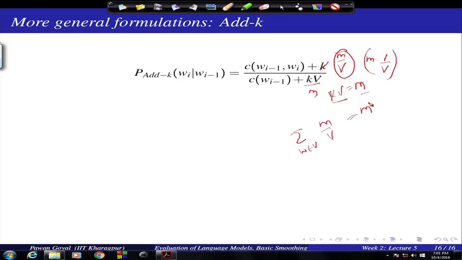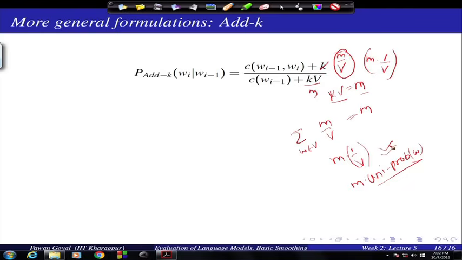So now, can we do something better? The idea is, instead of adding m times a uniform 1 by V to each word, can you add m times the unigram probability of the word? You see this will add up to 1 over all the words. You will effectively end up getting the same values in numerator and denominator when you normalize the probability, but this might be a better estimate.